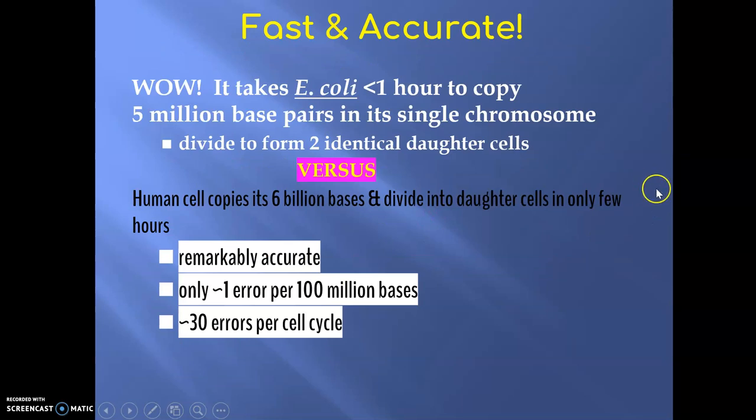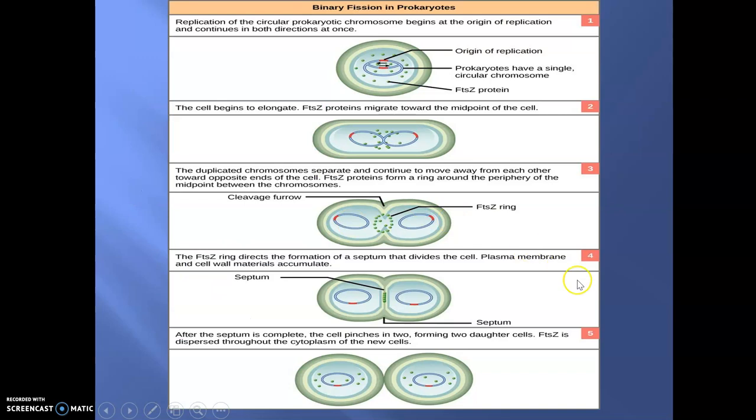Okay, so it takes E. coli less than an hour to copy 5 million base pairs in its single chromosome and divide to form 2 identical daughter cells, versus human cells copying their 6 billion bases and dividing into daughter cells in only a few hours. Our process of doing this is incredibly accurate, and it's only about 1 error per 100 million bases, so about 30 errors per cell cycle, which is amazing that our bodies can do that.